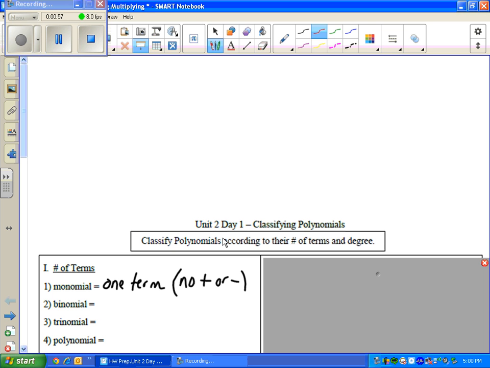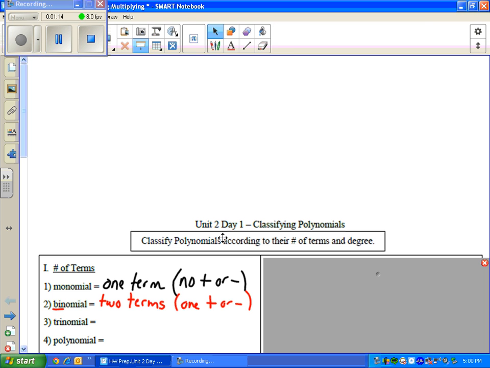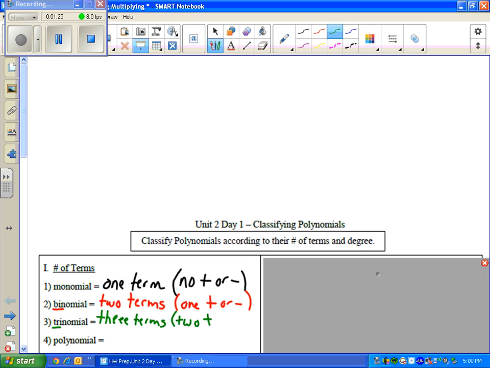If you have a binomial, well, you guys know the prefix bi, like bicycle, it means you're going to have 2 terms. In order to have 2 terms, you're going to have 1 plus or minus. For a trinomial, like tricycle, that means you're going to have 3 terms, so 2 pluses or minuses.